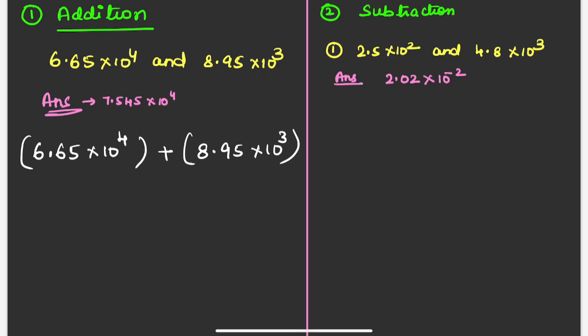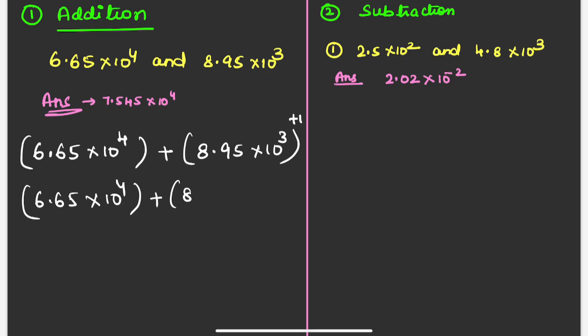So 6.65 into 10 to the power of 4 plus 8. Now I'll convert this to 4. Here you can see, if you are converting 3 to 4, you have to add plus 1 to the power.